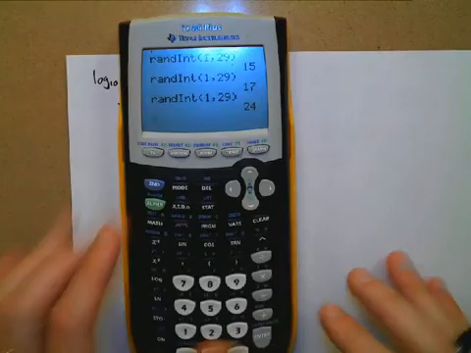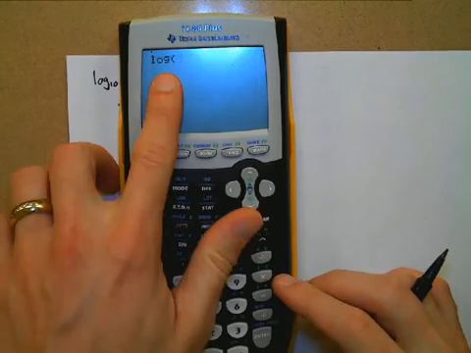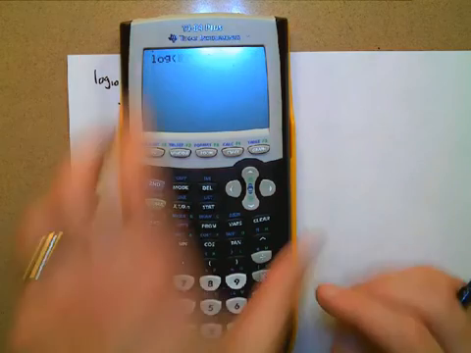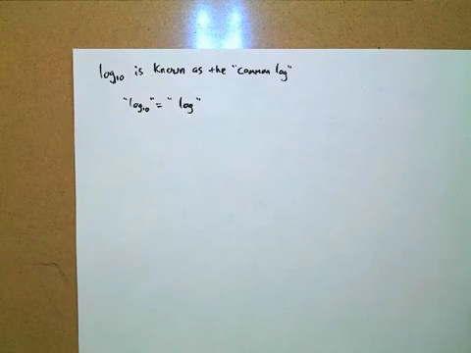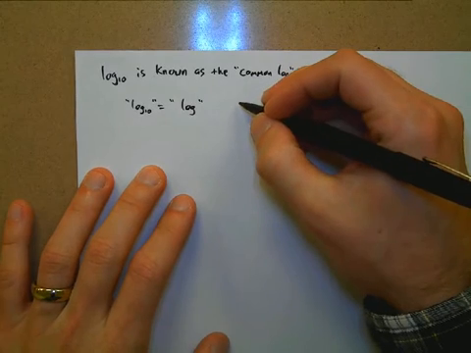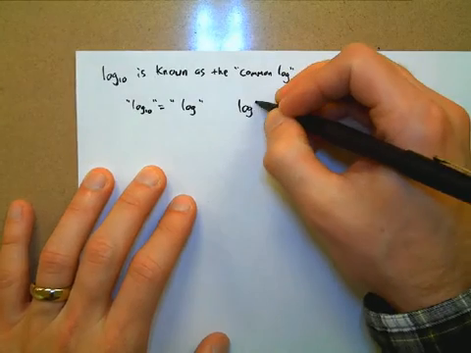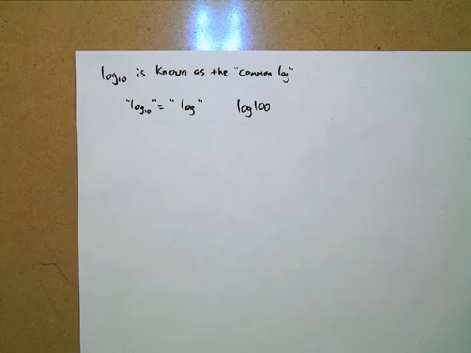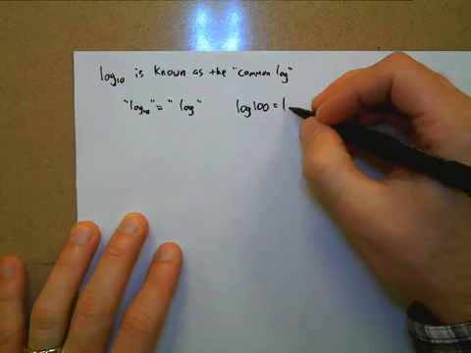All right. So for example, if you were to type into your calculator log of 100, remember that we would calculate it as log base 10 of 100, right? Because that's the same thing, which would then be equal to what? 10 to what power gives us 100?